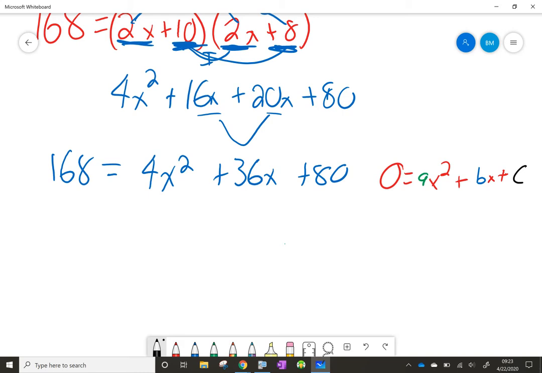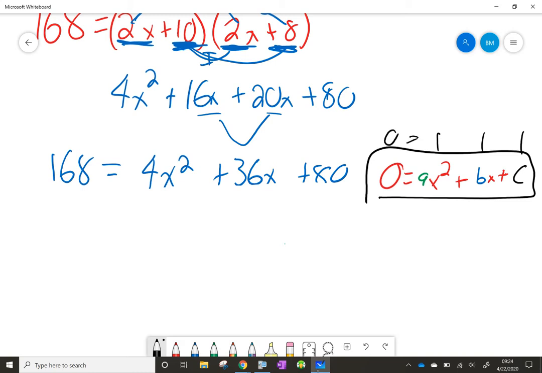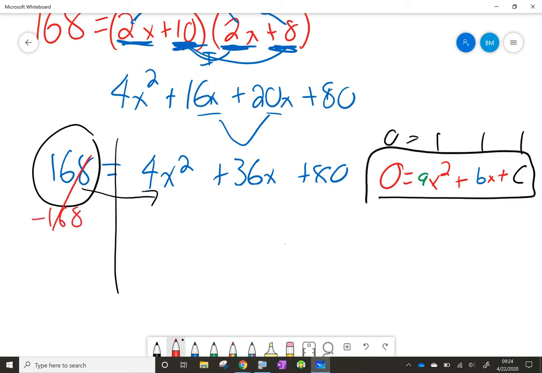So our quadratic that we have here is clearly not written like that just yet. Remember, in order for it to be written in this format, every term has to be on the same side, and it has to be equal to 0. It's very important it's equal to 0. So we got the 168 clearly on the wrong side. So we have to move this one over there. So to move it, since it's a positive 168, we'll subtract 168.